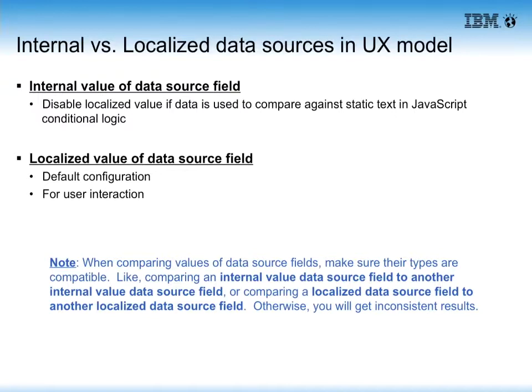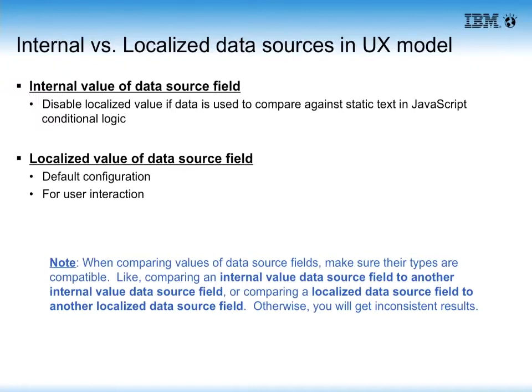If it's active, you do something, and if not, then you show something to the user. So in that case, where you use it to compare a static text in your condition, you have to use the internal value, because that would be consistent for all your users. In order to do that, you would have to check a flag somewhere in your data source field to indicate that you are disabling the localized value for this field.